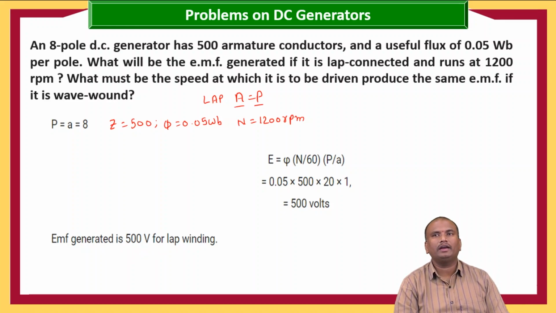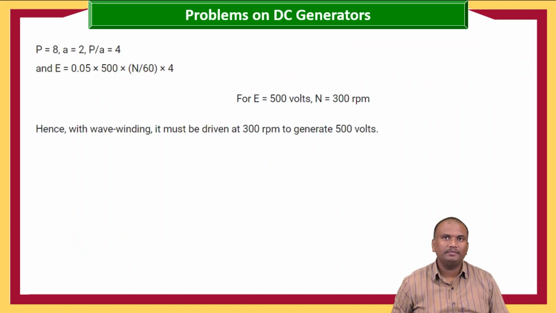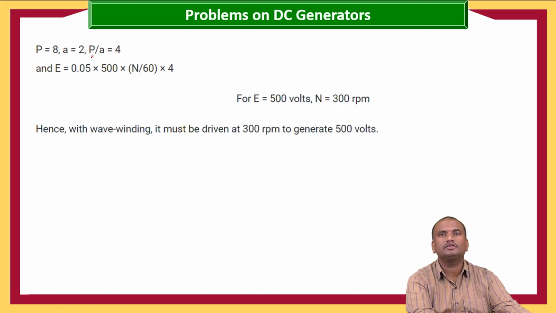Now we need to check what must be the speed at which it has to be driven for the same EMF which we need to generate. That is, here the P is equal to 8, A is equal to 2, P by A is equal to 4. So the EMF generated is equal to 0.05 into 500 into N by 60 into 4.